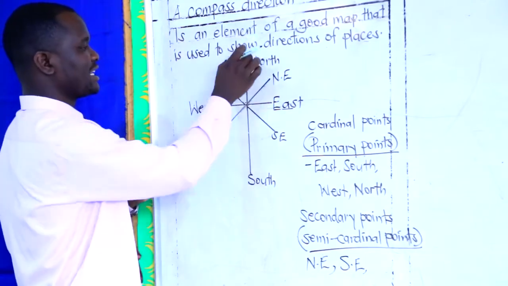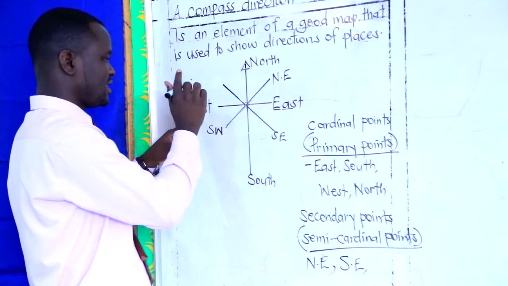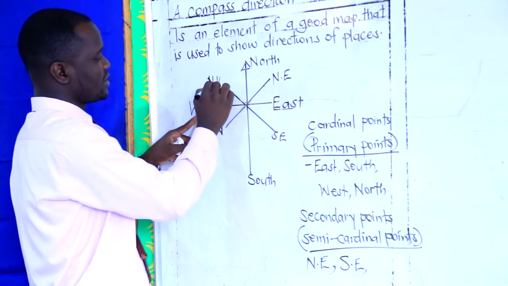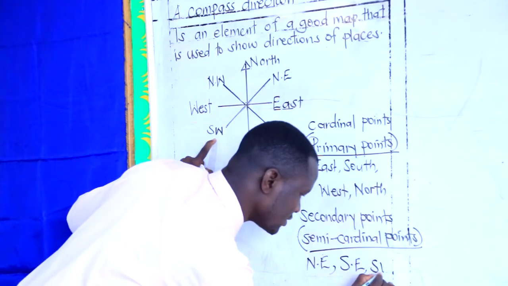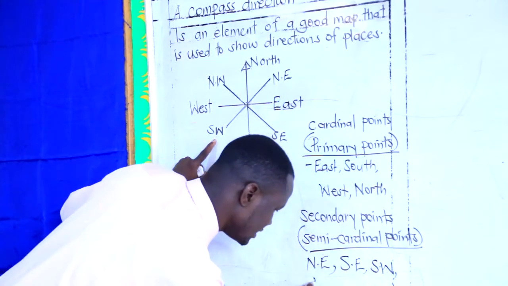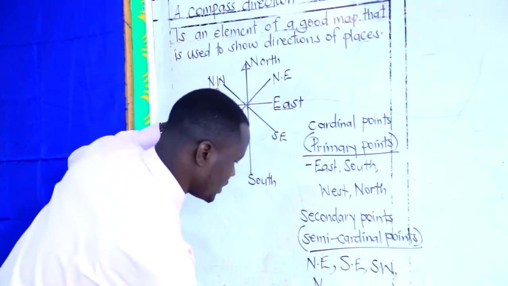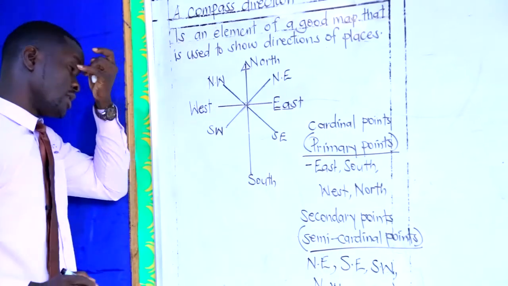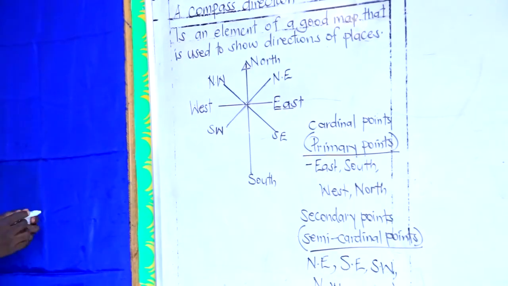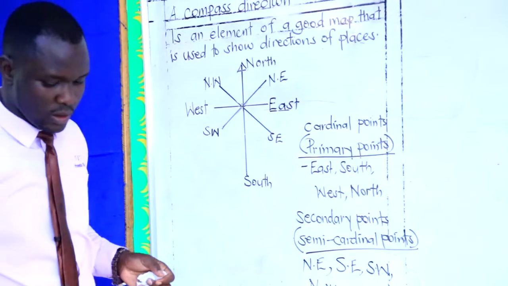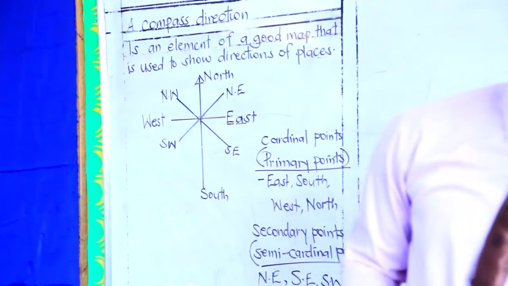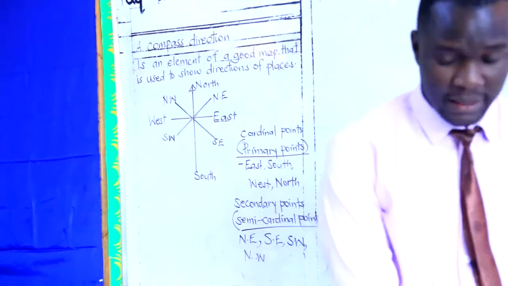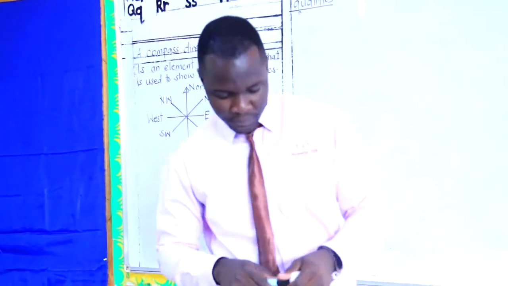So here we take the first, and our answer will be northwest. So those are the semi-cardinal points of a compass. In case you are asked to draw, we call them compass directions.